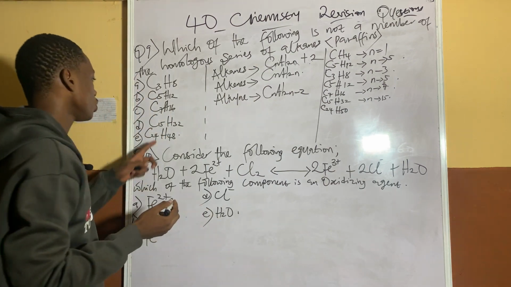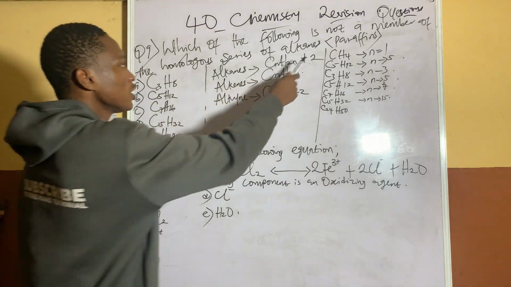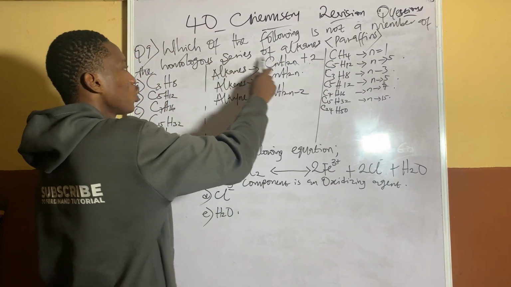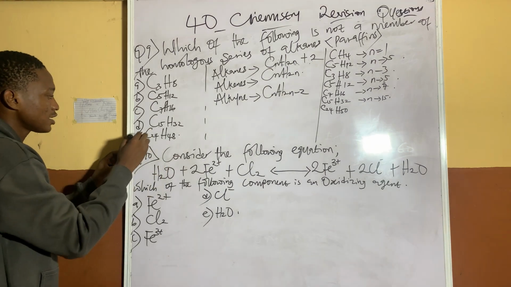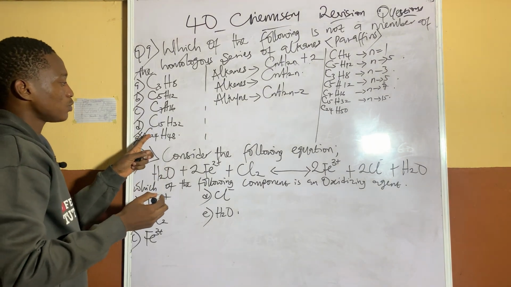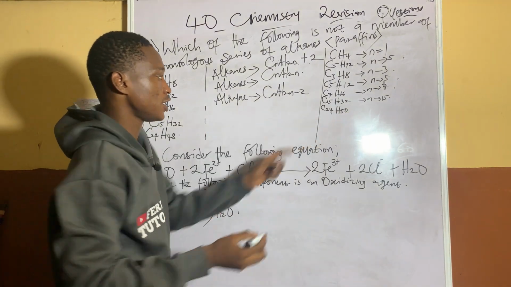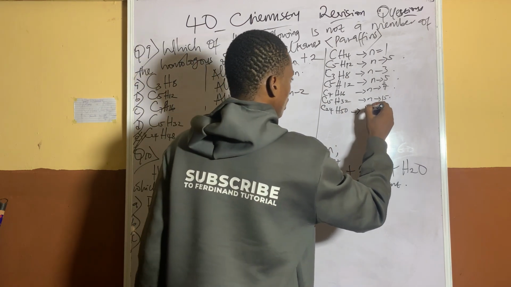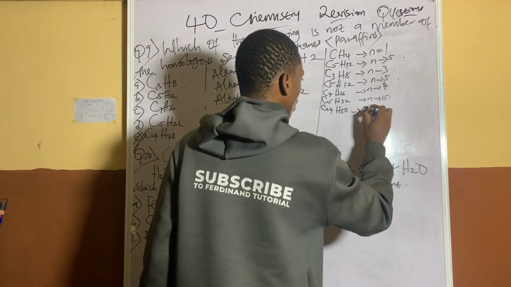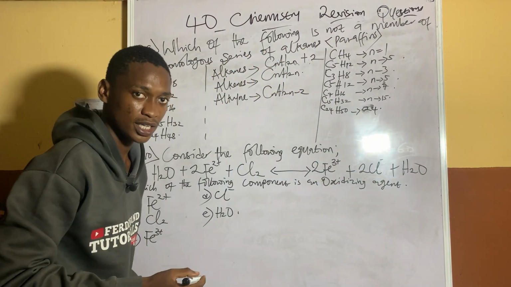C24H50. So this is the one that is not correct. Which of the following is not a member of the homologous series of alkane? The answer is E, because it was supposed to be C24H50 when n is 24. I don't know if you are getting what we are saying here.